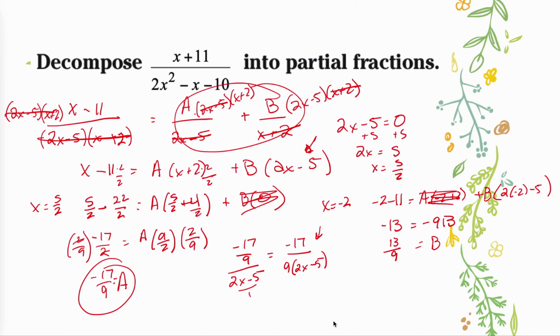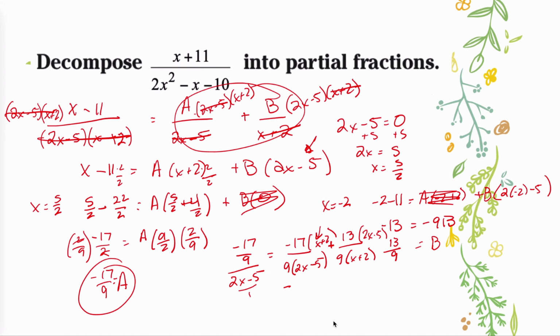So then, plus the b, which is 13 over 9 times x plus 2. And so we multiply this by 2x minus 5 and multiply this by x plus 2 to check our work.